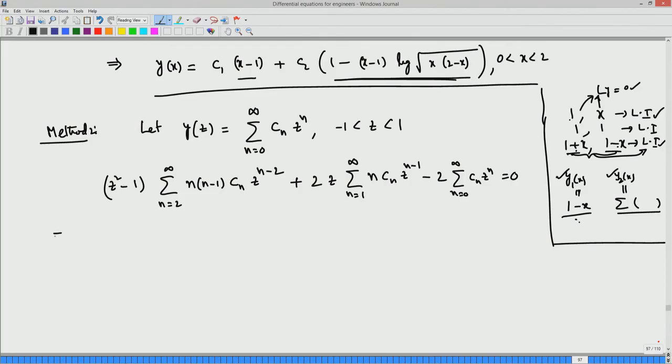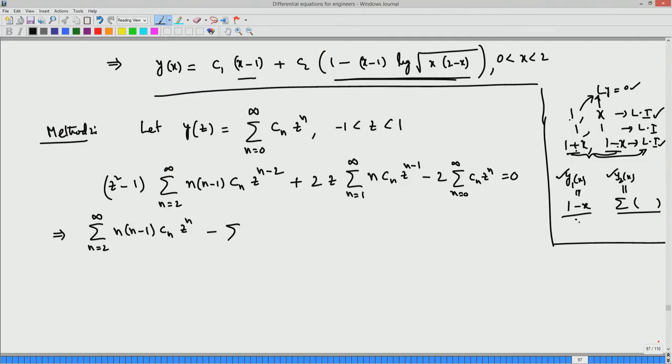So, you can rewrite this, z square into this one. So, we can write sum n from 2 to infinity n into n minus 1 C n z power n. That is the first term, I expand z square into this and minus 1 into this.